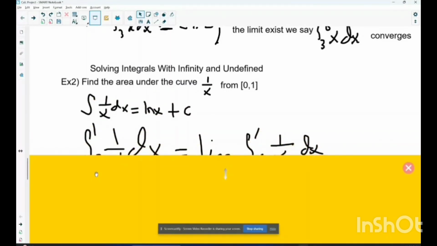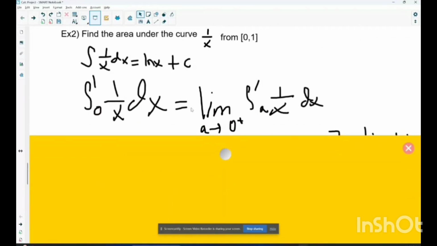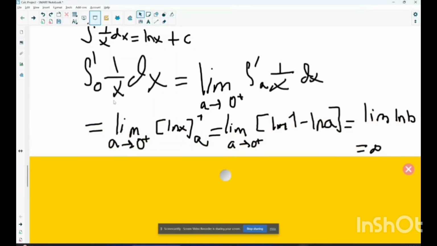So you're going to be taking the antiderivative. Then you take the limit as a approaches 0 from the right, not the left, since on the open interval, it's the lower limit of the integral. As you take the limit, you take the antiderivative, you just plug it back in later, and you'll notice that you get an answer of infinity.